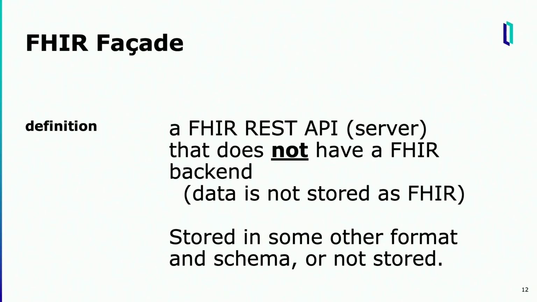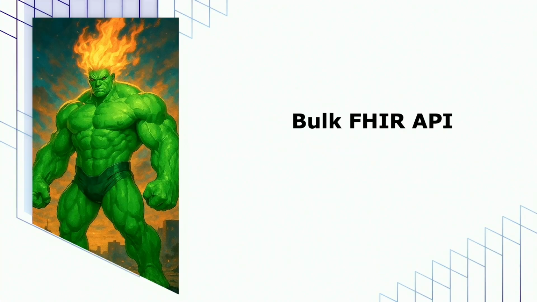So a FHIR facade is a FHIR REST API that does not have a FHIR backend. In other words, no FHIR repository. That data is stored in some other format and schema, or it's not stored at all. So a server does not have to store data necessarily. And bulk FHIR is something we haven't talked about.